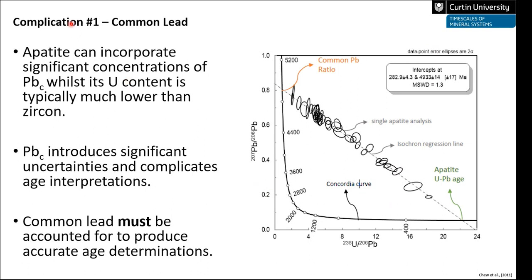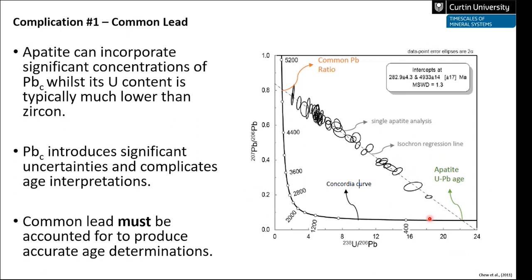And complication number one is common lead. So uranium lead data typically sit along a two-component mixing line in Concordia space between a time-significant radiogenic lead population and an initial common lead component. And common lead is non-radiogenic lead that has no significance in terms of dating a rock.